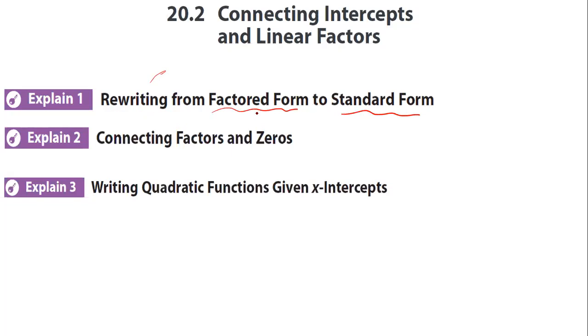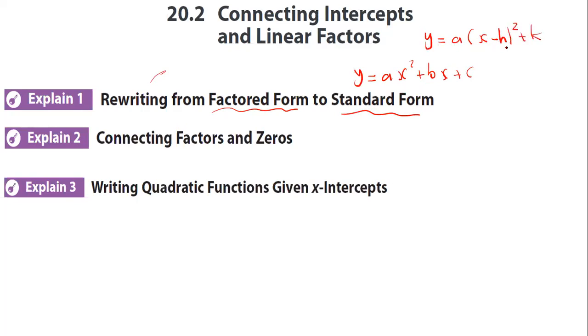So we have a new form of a quadratic equation, factored form. We studied standard form before, and the standard form was y equal ax squared plus bx plus c. And we studied vertex form, y equal a multiply x minus h power 2 plus k.